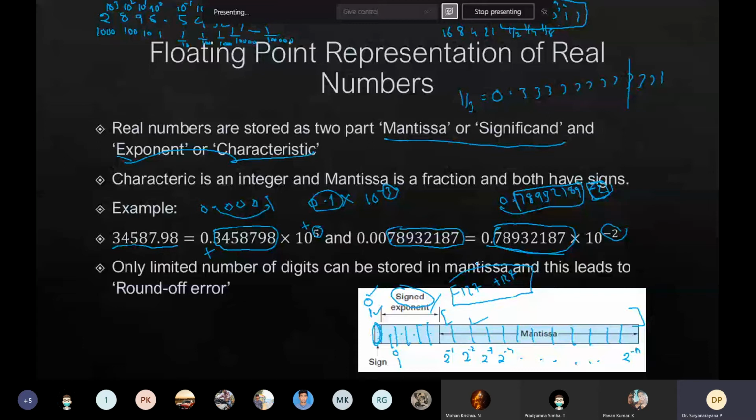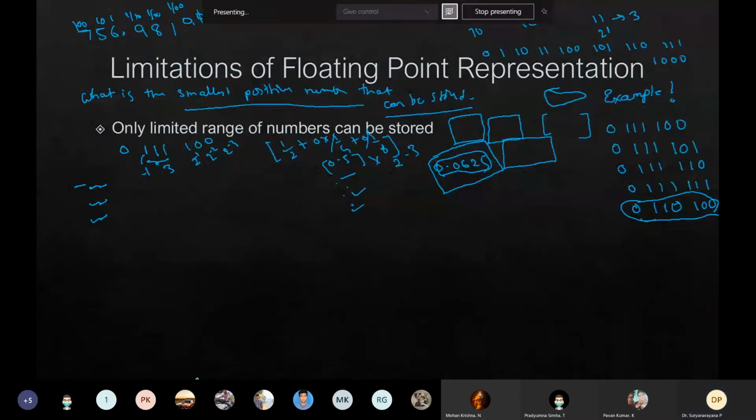Now, the reason we are looking at all of this is because this gives rise to the problem of a round off error. It's not very significant in modern computers because we use a good amount of space so that this doesn't become an issue. But it is a good thing for you to know how it is done. Okay, so we'll move on.